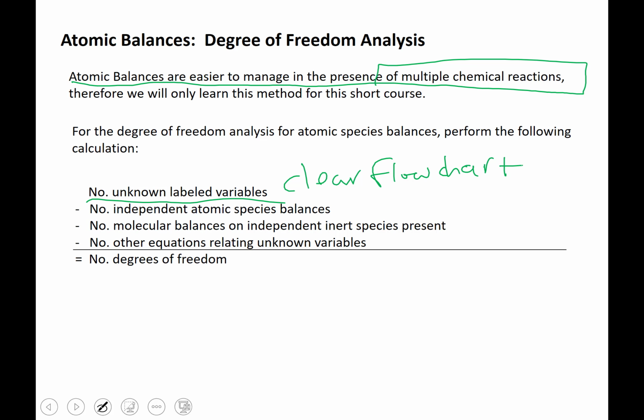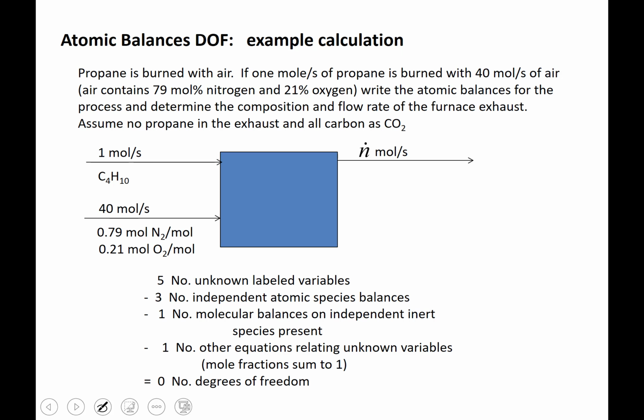Okay, number of independent atomic species balances. We had C, H, and O, minus number of molecular balances, N. And then if we have any other equations relating unknown variables, and that will be your degrees of freedom. So let's see here.